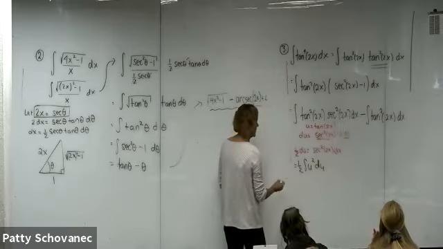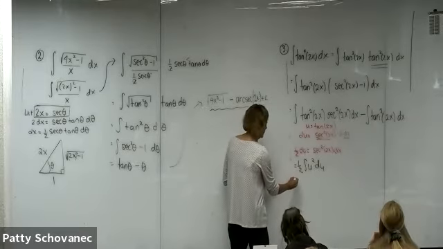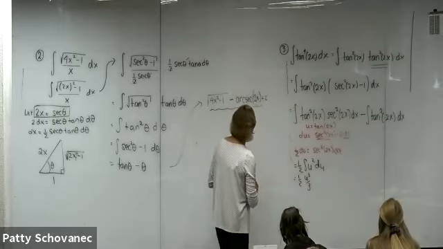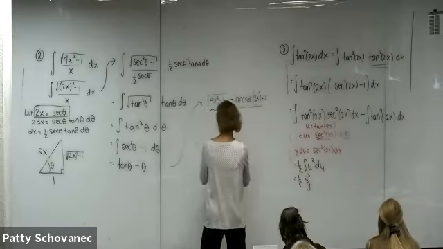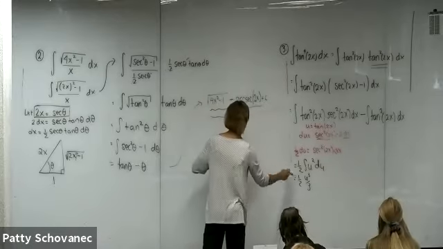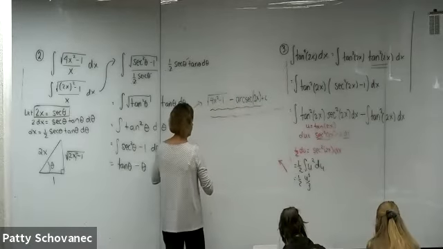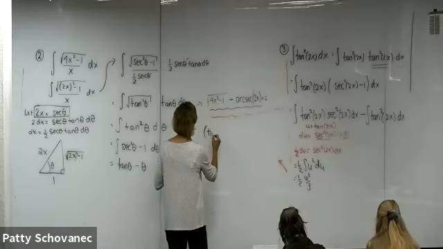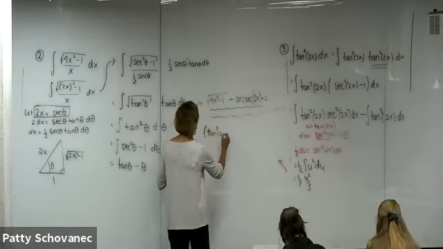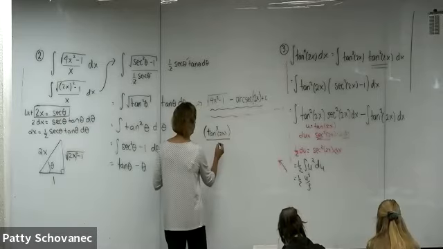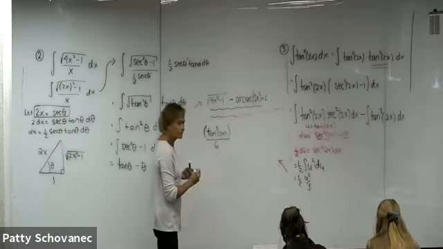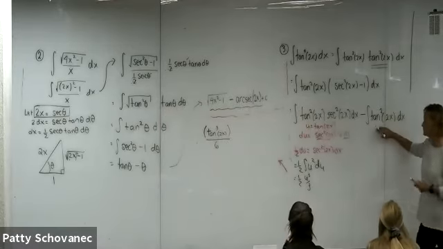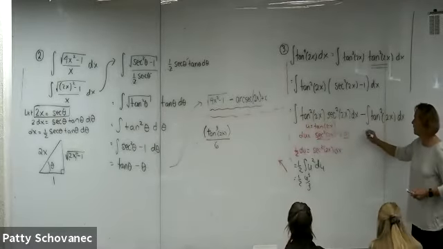Let's finish this one. That's 1/2 u cubed over 3, and from that we get u cubed, which is tangent cubed of 2x, over 6. Don't know why I got that extra parentheses there, but they're there. Better to have too much than too little when it comes to parentheses. I'll have to agree with that.